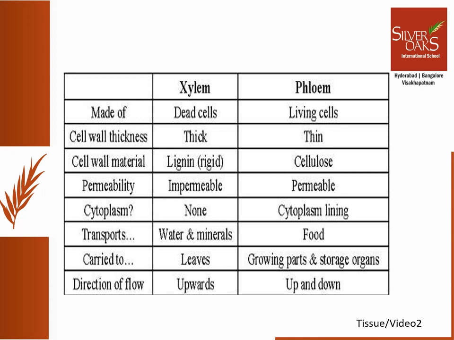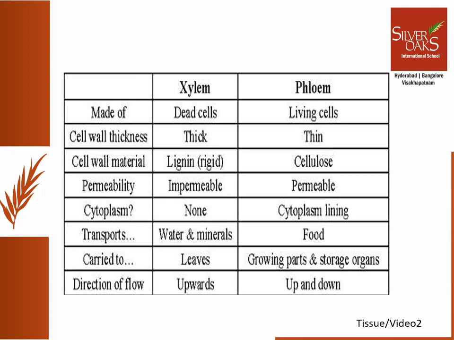Xylem tissues are impermeable in nature, but phloem tissues are permeable because of the perforations present on them. Since xylem vessels are mostly non-living, therefore the cytoplasm is absent. The main function of xylem is transport of water and minerals, whereas phloem transports food.